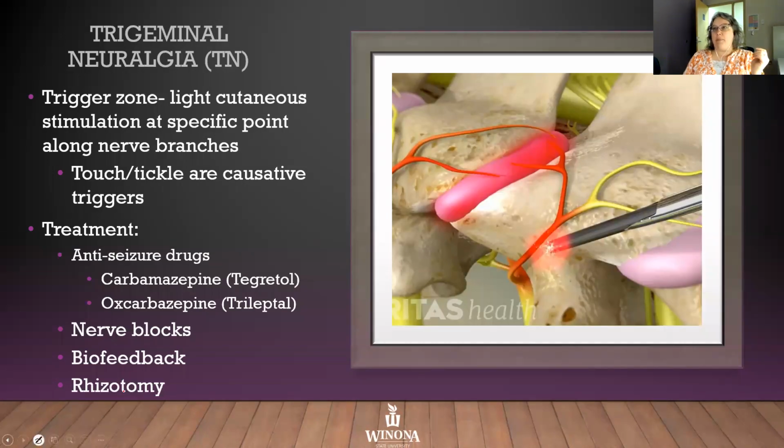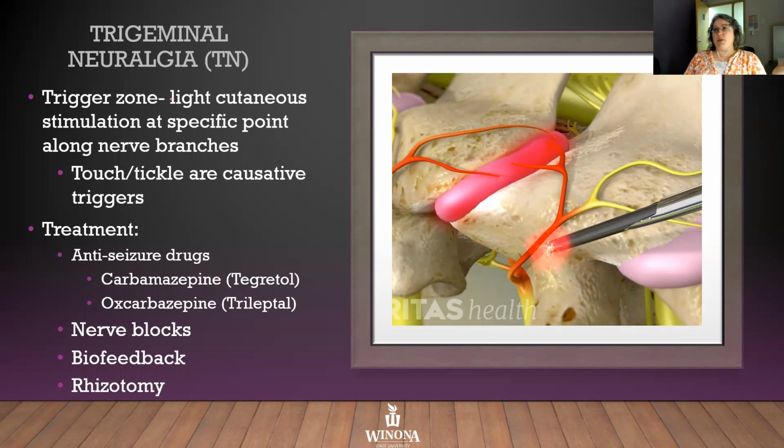So what happens is there's a trigger zone. Touches or tickles can be causative triggers. Imagine, seriously, something as benign to most of us as having our hair in our face can trigger a trigeminal neuralgia attack.